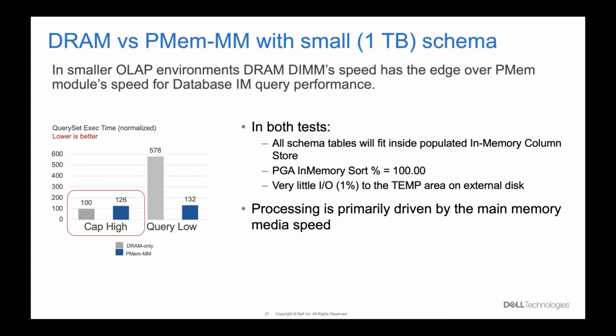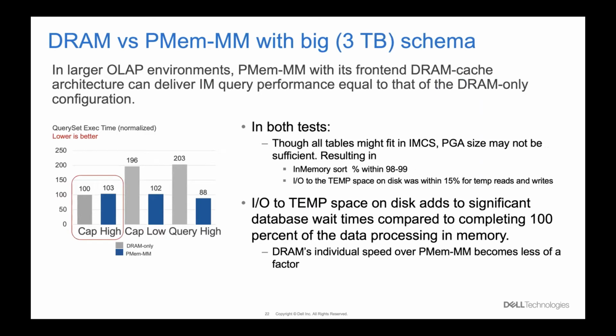So if you're running a really small data set, it could make sense to have just a DRAM only configuration. However, if it's growing, so in our test, it was a 3 terabyte schema, and if we take a look at the same results with the same level of compression, we will not find a significant difference. It's nearly the same.